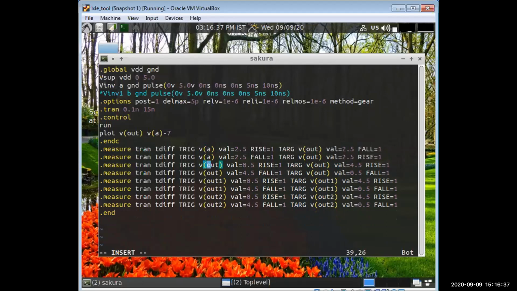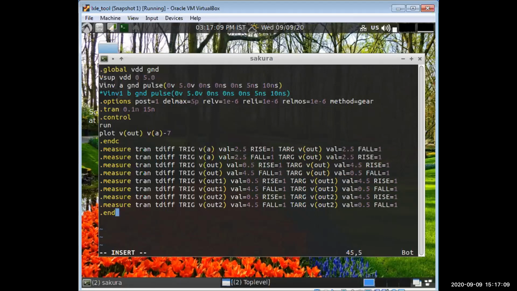That means the transition delay. So for transition delays, we have to do from 10 to 90% of the output curve. So that's why I have written T difference. That means I have to find out that time difference from 10 to 90%. Then the trig, that is for rise. So for the first rise of the output, that means 10 to 90% of the rise curve. So 10% of 5 volts will be 0.5, and 90% of 5 volts will be 4.5.